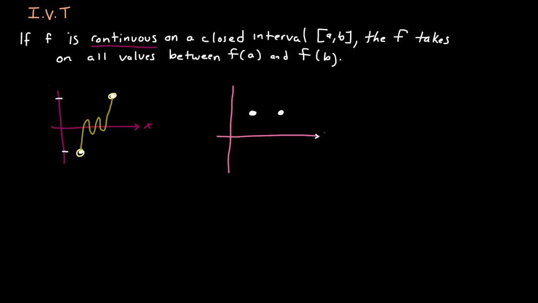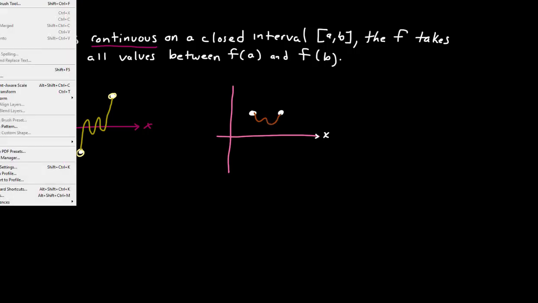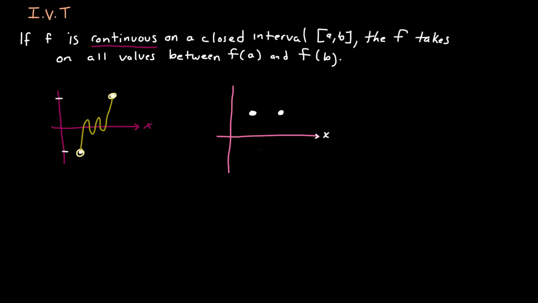Does this function have any 0s? Well, it could have. There's just no guarantee. See, if I drew a curve like this, well, then there are no 0s. But if I draw a curve like this, well, then it has several 0s. So we use this intermediate value theorem to guarantee certain y values will be obtained.